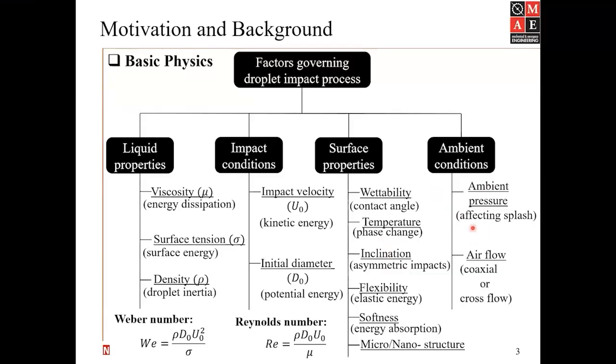At the same time, the ambient conditions also play an important role. In droplet impact studies, we like to develop dimensionless parameters like the Weber number and the Reynolds number to characterize the process. In our later analysis, I will show you our correlation with those dimensionless parameters.